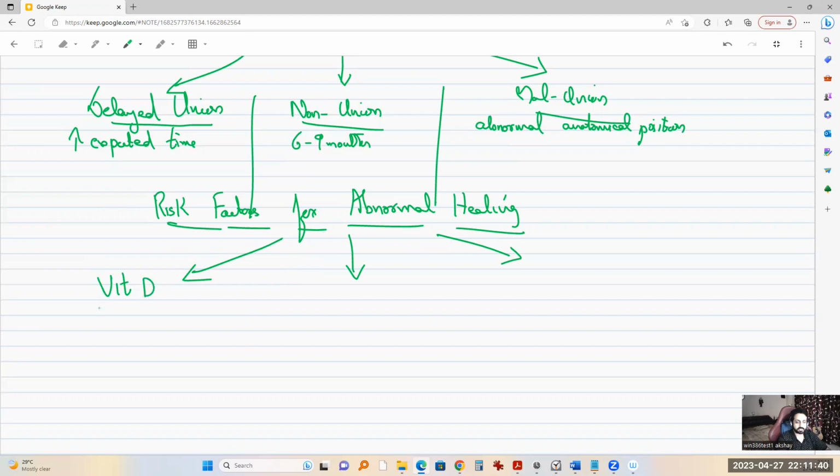Vitamin D deficiency is the most common reason for delayed union or non-union. We are talking only about delayed union and non-union. The first risk factor is vitamin D, because vitamin D is very important for calcium metabolism.